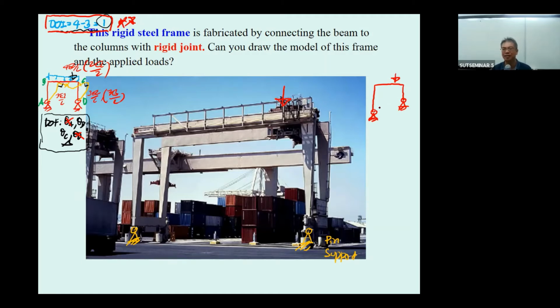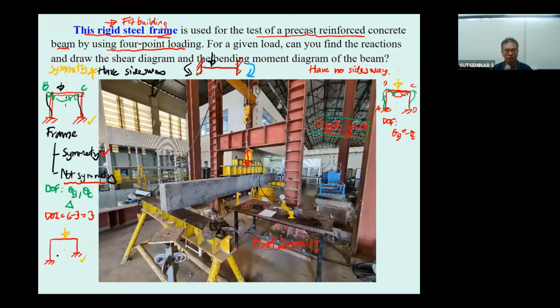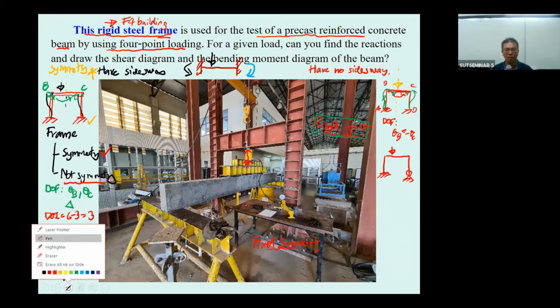Okay, and based upon this again, if you do the moment distribution, this one will be 3EI over L, and this one 3EI over L, and this one is going to be 4EI over L. When you go back to this one, this frame only has one choice: 4EI over L, 4EI over L, and 4EI over L. The problem is, if we have a mix between this kind of support, for example, one is fixed, another one is pin, by doing this, you're going to have to consider the problem clearly.